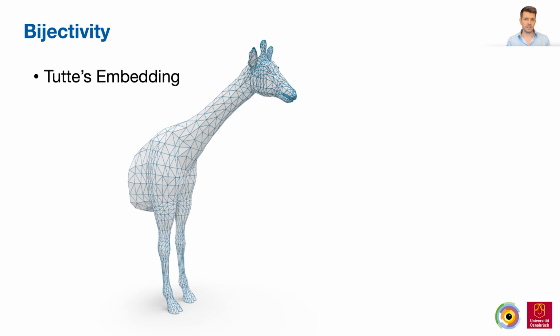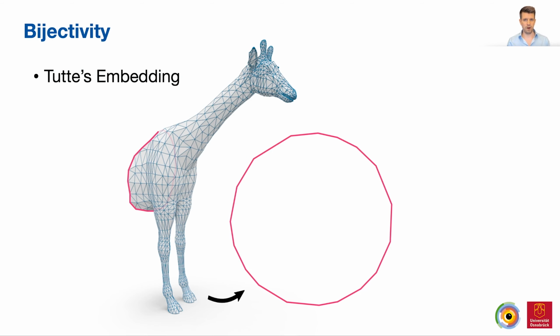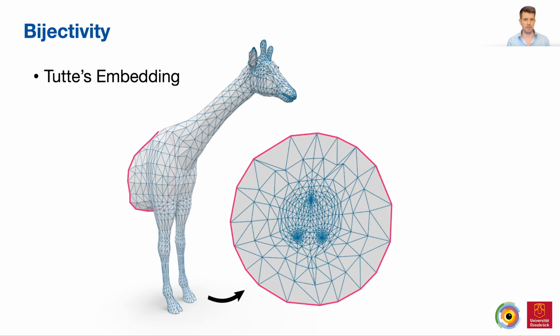One of the key results when it comes to constructing a map that is injective or bijective onto a certain domain is Tutte's embedding theorem. Given a triangle mesh of disk topology, fix the boundary vertices' images to a convex polygon in the plane, preserving their order, then solve a linear system that requires each non-boundary vertex image to be the average of its neighbors.